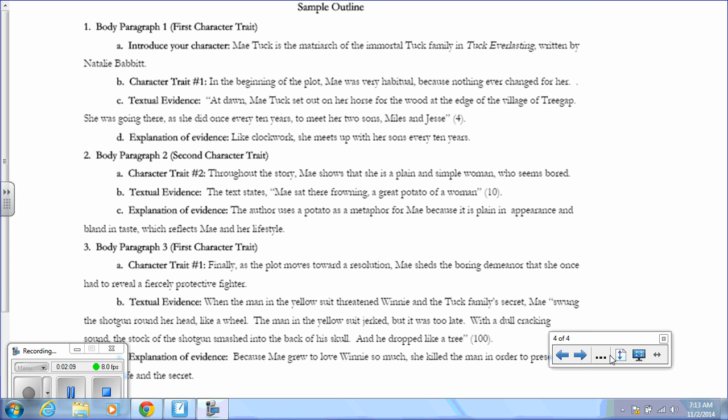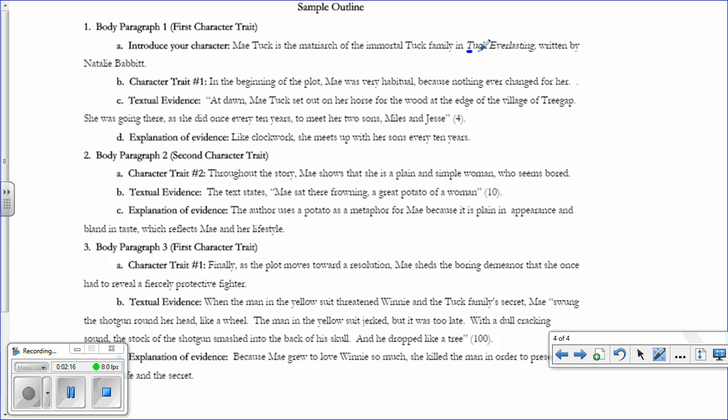A couple things that I want you to notice about my outline is that I used the title, Tuck Everlasting, and I gave the author. I want you to do the same. So when you introduce Winnie Foster, you need to include the title and the author.